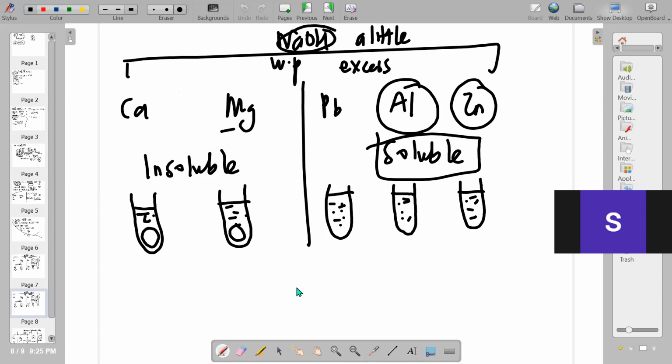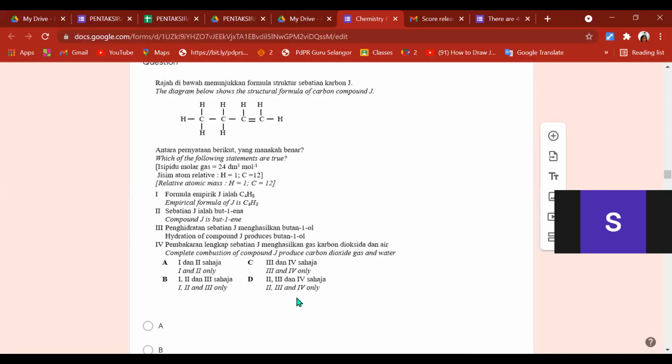Renette, is the statement correct? Empirical formula of J is C4H8. Teacher, are you opening the docs? Oh, didn't I open? Okay, I'm sorry. Yeah, we are seeing the whiteboard. Sorry. Okay, there you go. Thank you for telling. Renette, is the empirical formula of J here C4H8?